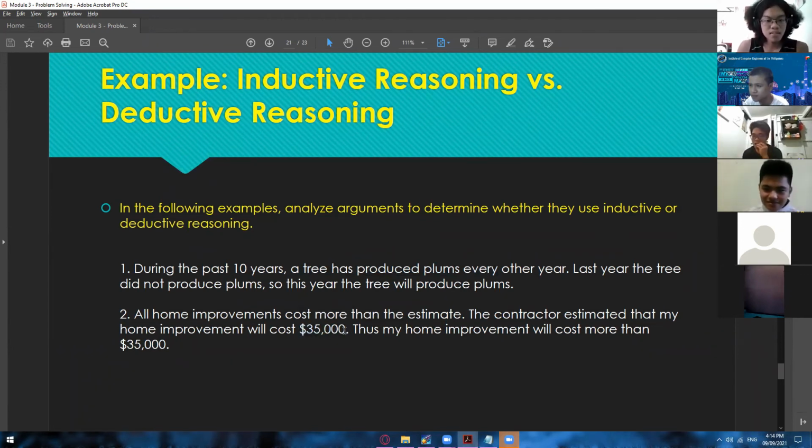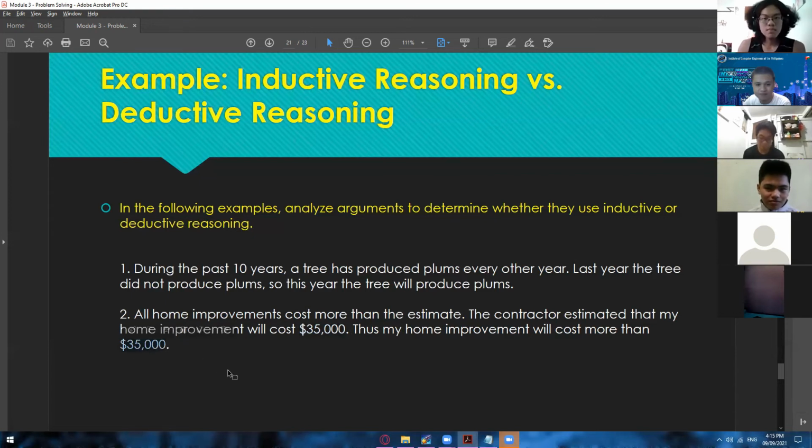I don't know how they computed this, but according to the contractor, and we don't know the structure the customer wants, to be improved more or more renovated, he just calculated that it would cost the owner $35,000. But according to other homeowners, all home improvements cost more than the contractor's estimate. So it would be more than $35,000.